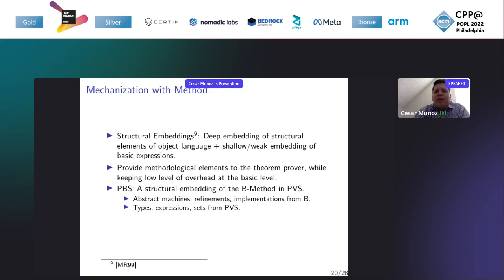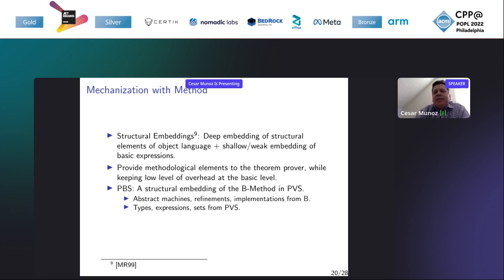So one of the embeddings that we did at the time was called PBS, that was the B method in PBS, where all the abstract machine refinements and implementations are those of B, but internally the basic structure of, for example, the set theory is not the set theory of B, it is the set theory of PBS.